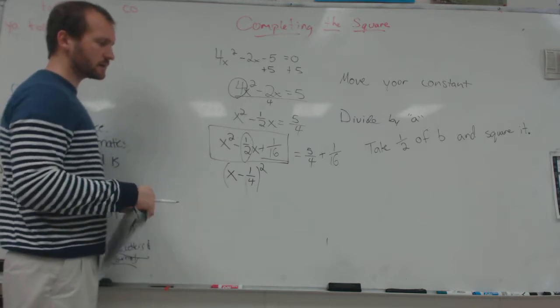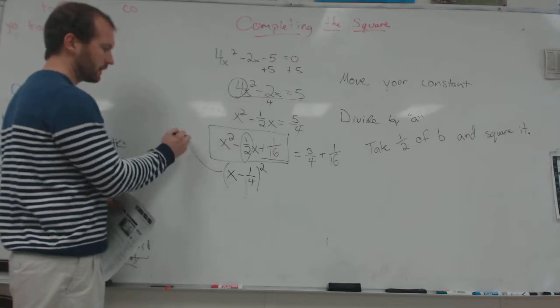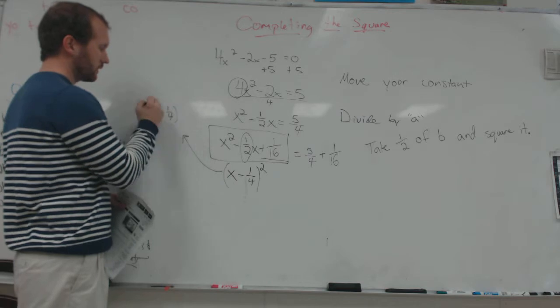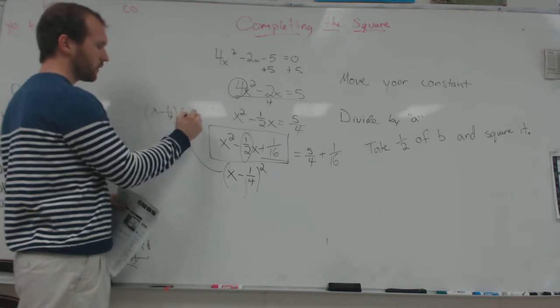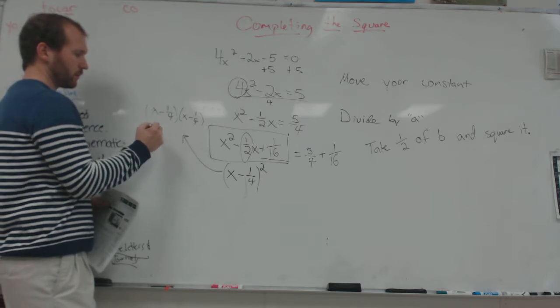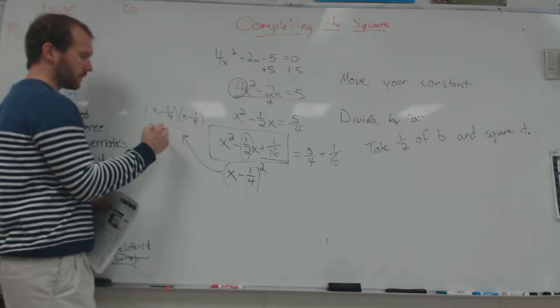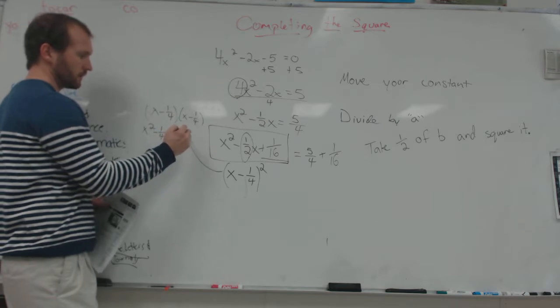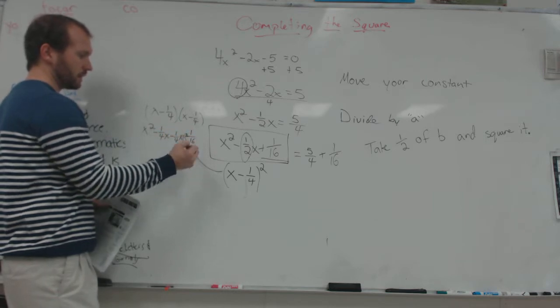And on a quiz or a test, I would just quickly check your work. So x minus 1/4 times x minus 1/4, we're going to end up with x squared. We're going to end up with minus 1/4 x, and another minus 1/4 x, and then a plus 1/16.